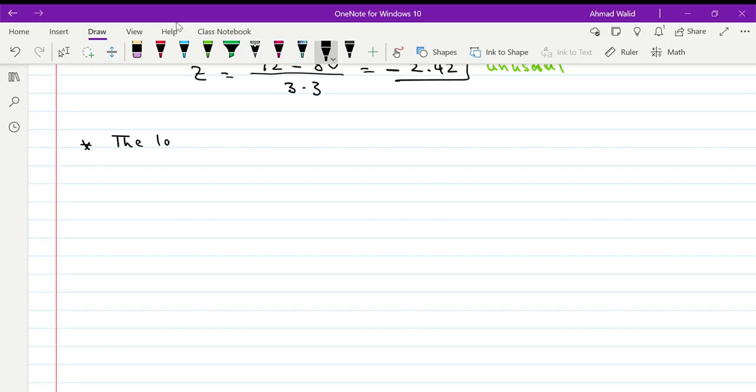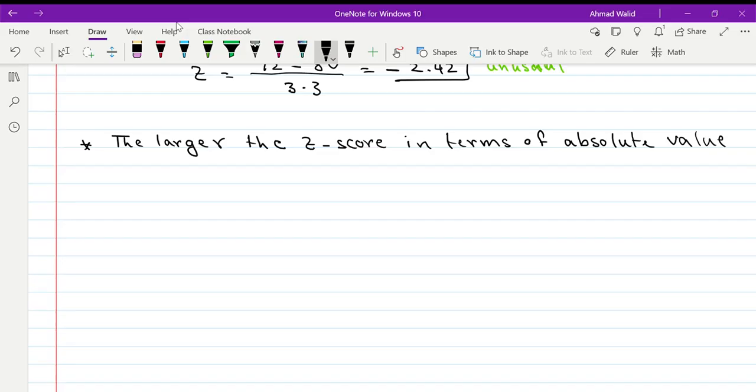The larger the Z score is, in terms of absolute value, of course, the rarer the data value is.